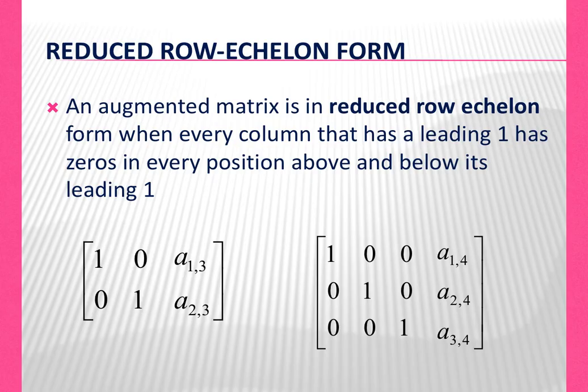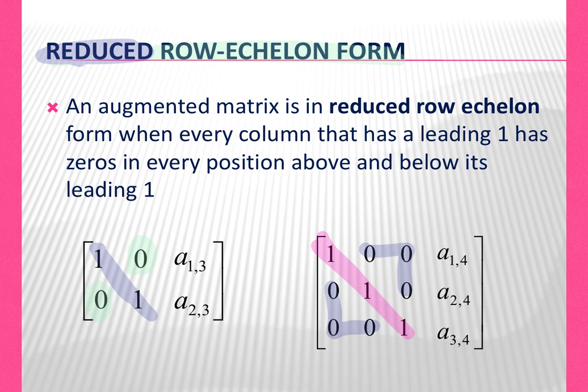Now, reduced row echelon form takes it a step further. Reduced row echelon says there has to be a diagonal of 1s and 0s above and below it. The only non-1 and 0 numbers would be the last column, which is your constants. So in these, diagonal of 1s, 0s above and below.